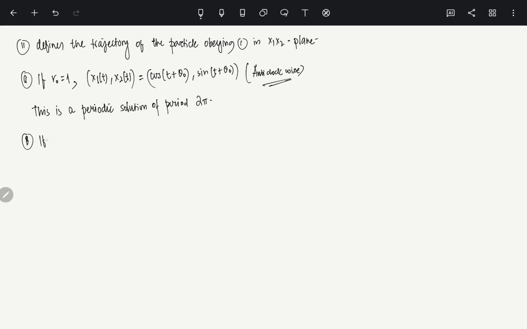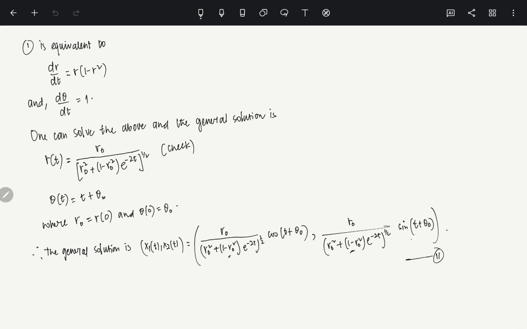If r naught is not equal to 1, then the trajectories are definitely not closed. Why not closed? Because you see that exponential part is there, right? This exponential part means it cannot be closed.